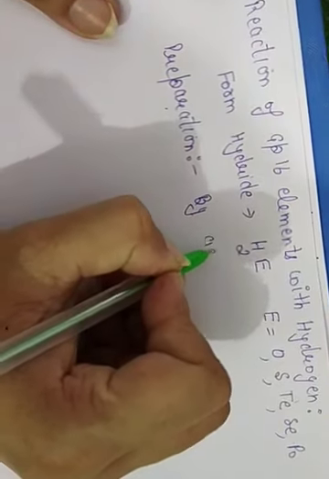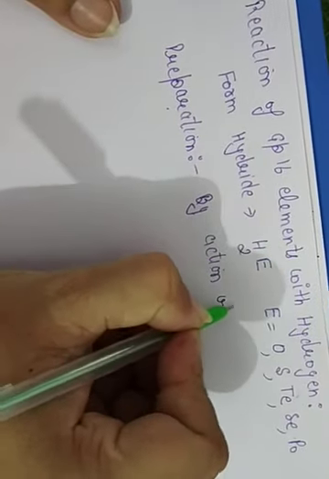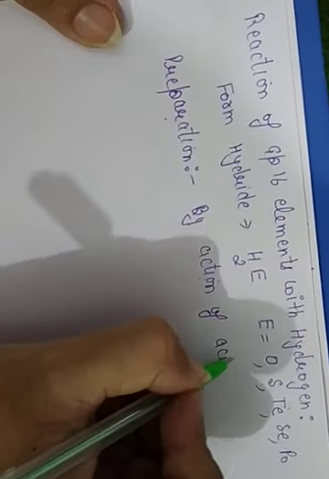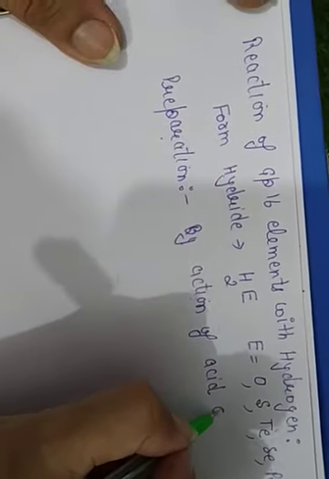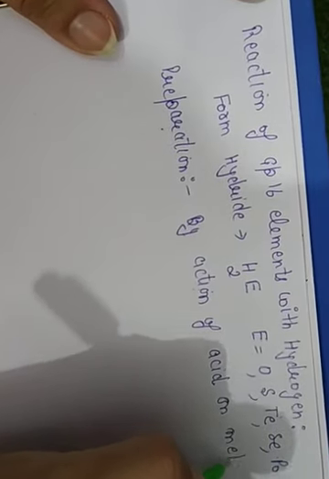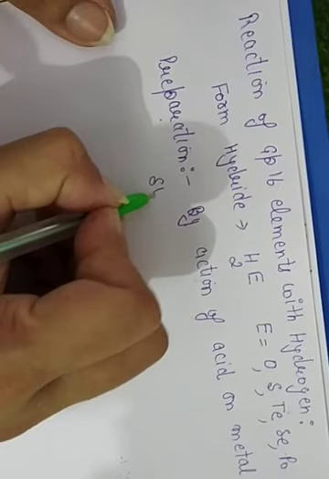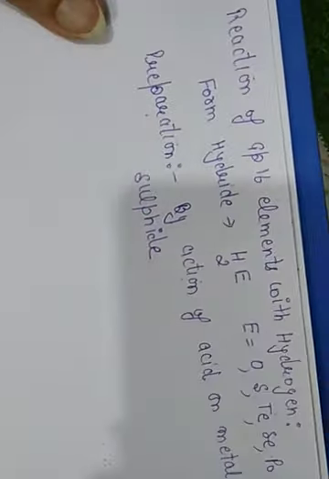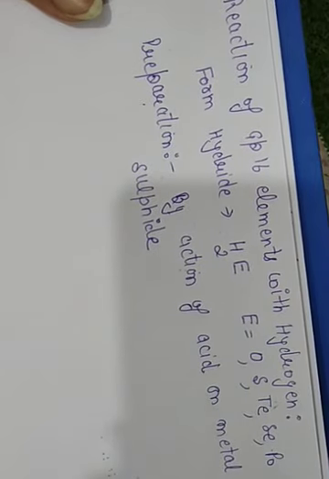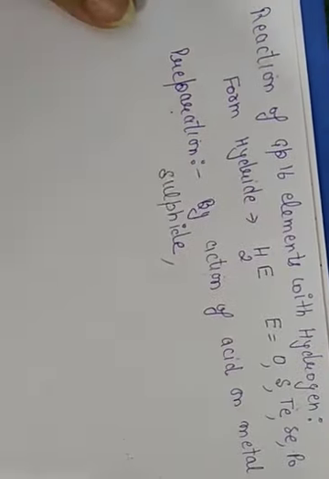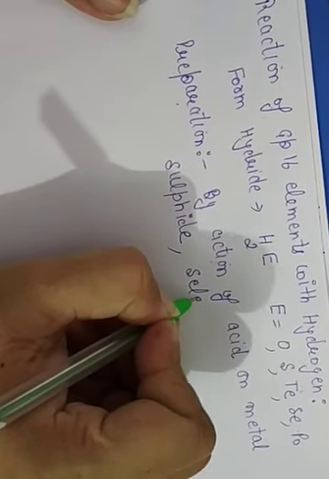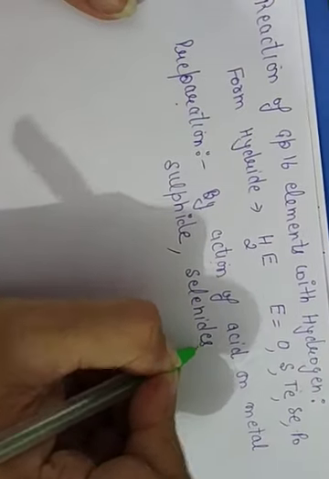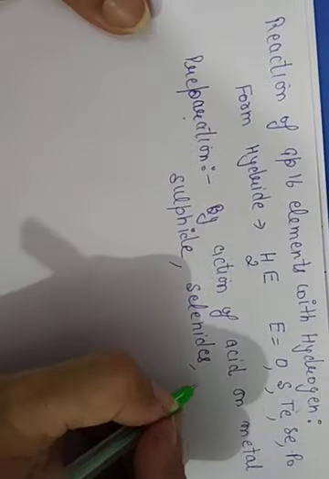These hydrides are prepared by the action of acid on metal sulfide, or the others are selenides, tellurides, etc.